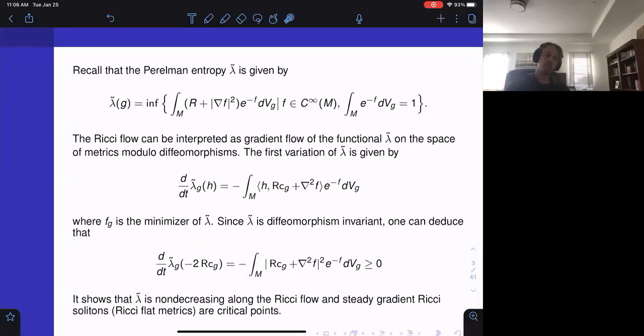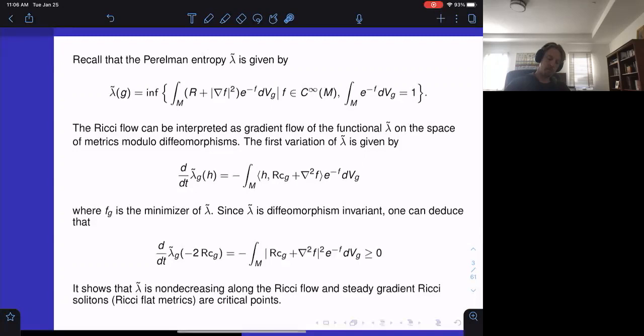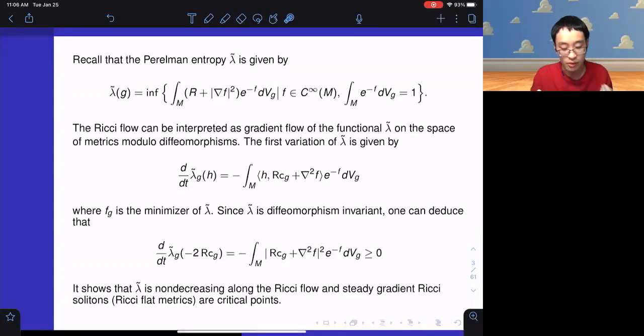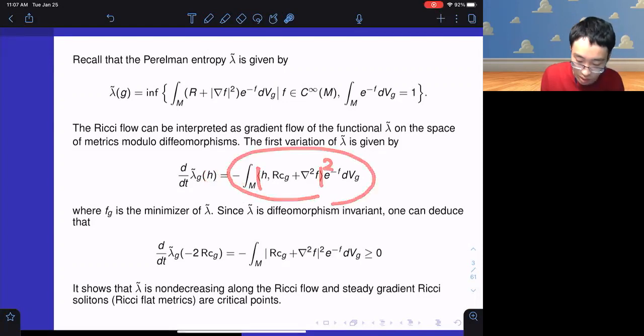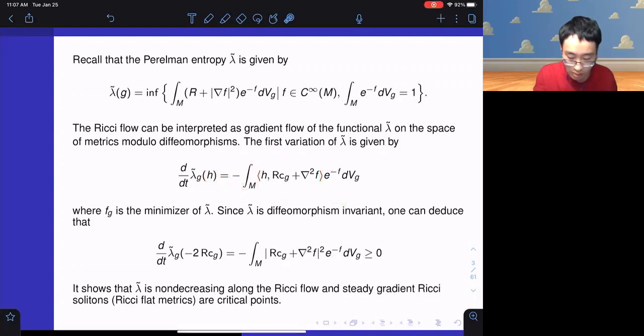Because lambda tilde is diffeomorphism invariant, actually we can deduce that if we plug in the Ricci flow, so let's say h is minus 2 Ricci, then this should be a complete square in the first variation formula. And sorry, this is a positive sign because here we have a minus.